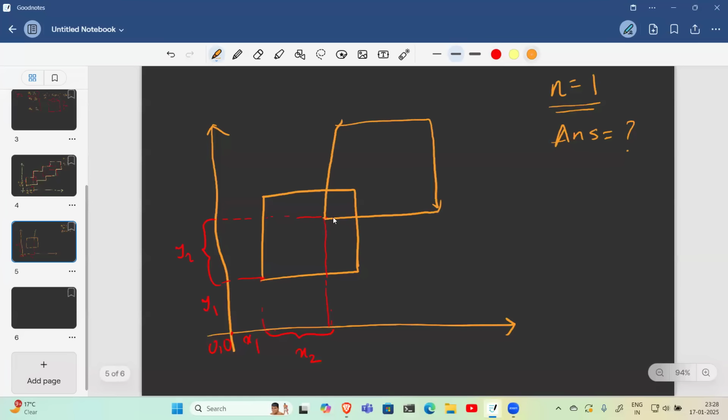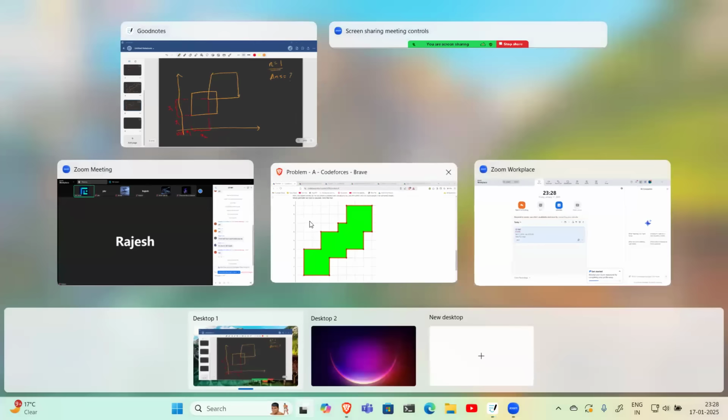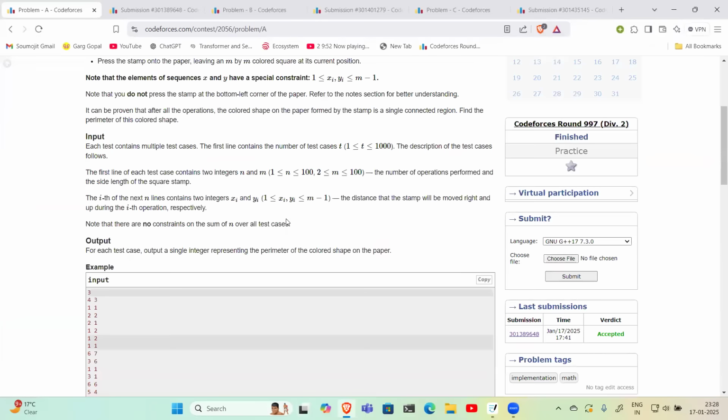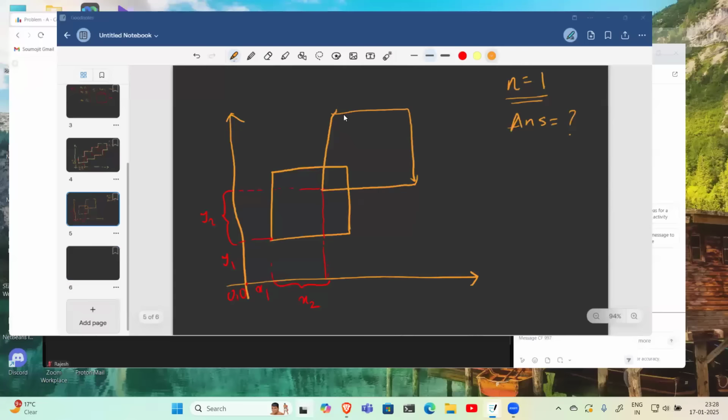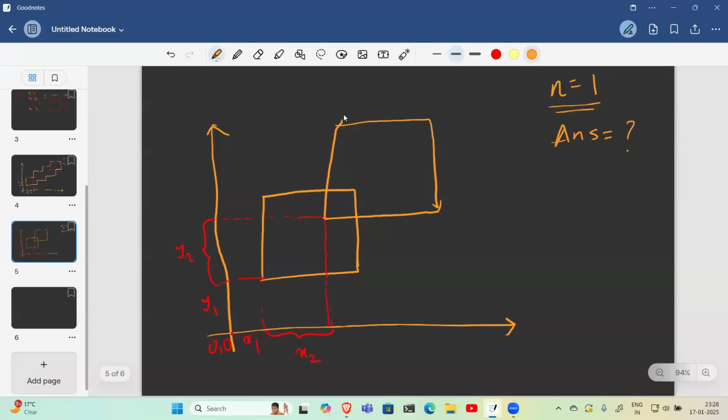First of all, I would like all of you to observe this constraint: it has been given that xi and yi lie from 1 till m minus 1. This is given just to make the problem simpler. That means at any point of time, there will always be some overlap between these two squares, because this distance x2 is less than the entire length m of the square.